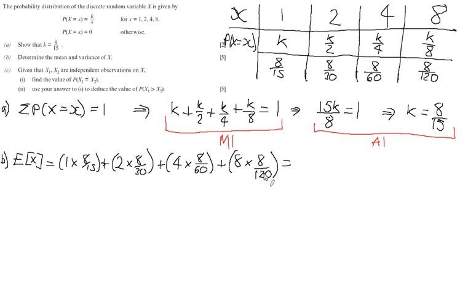Now, when I work that through my calculator, what we get as an answer is 32 over 15.